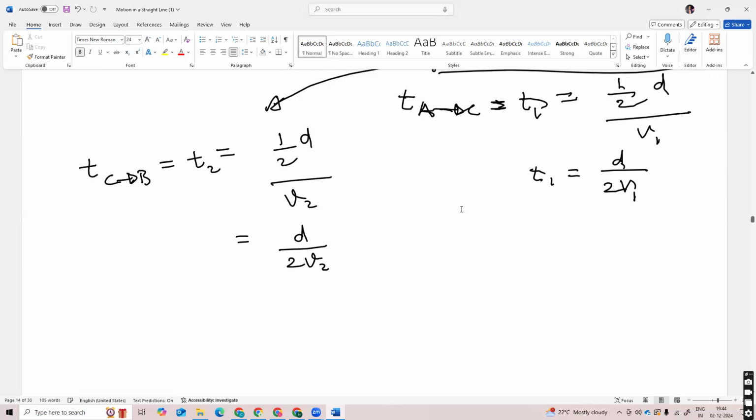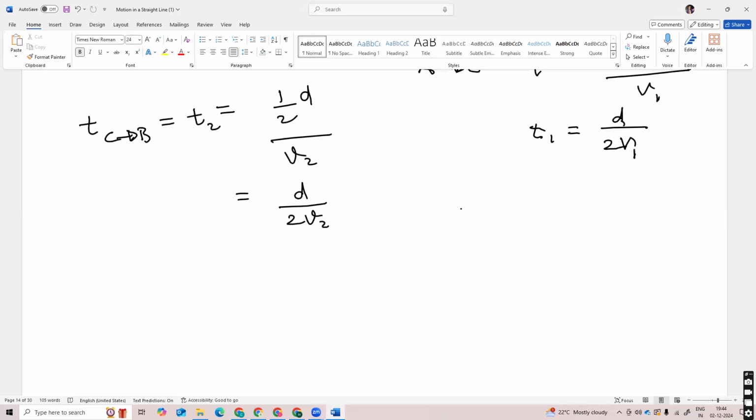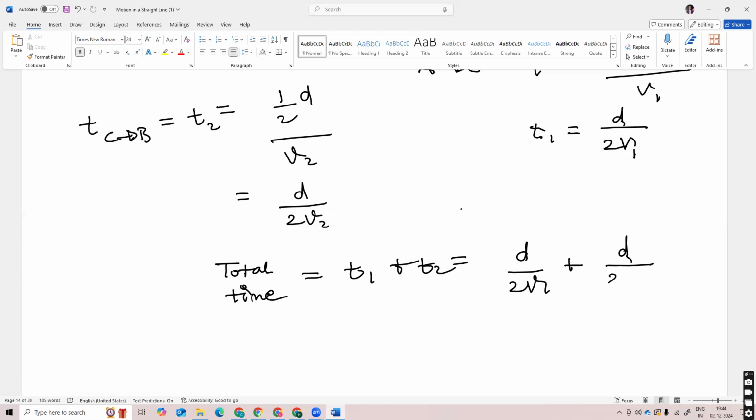The total time taken by the particle to reach from A to B is t1 plus t2, which is d upon 2v1 plus d upon 2v2.